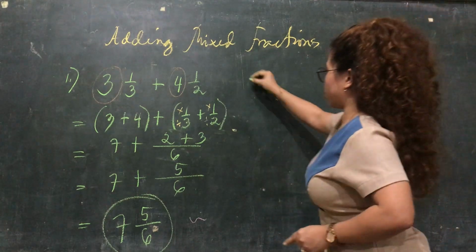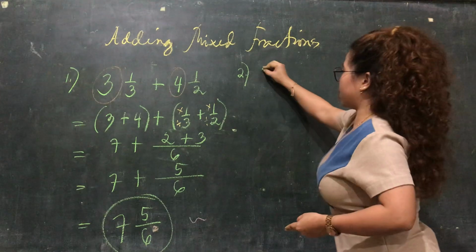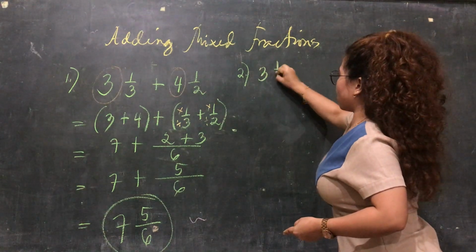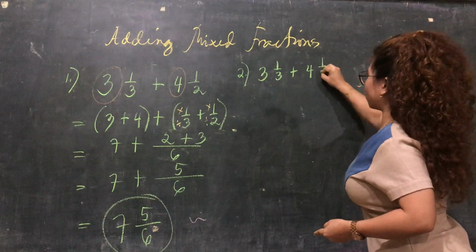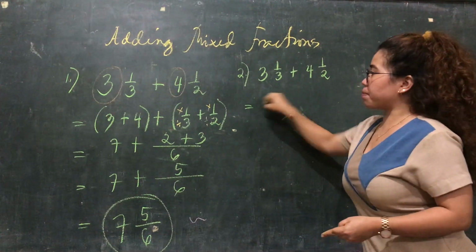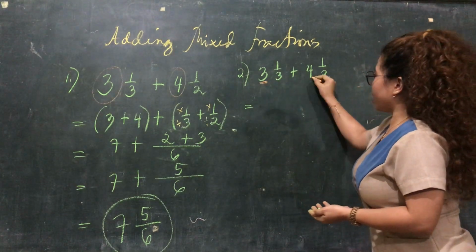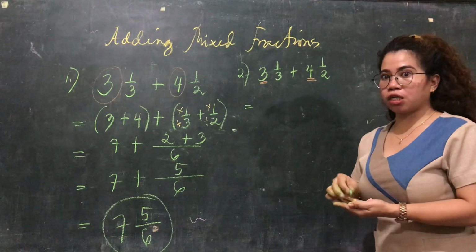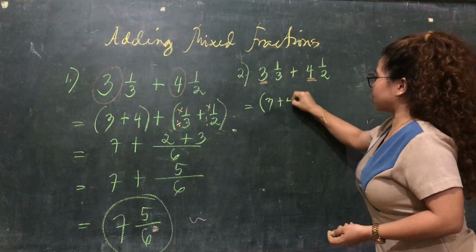Another solution is, same gihapon nga fraction, pero another nga way. 3 and 1/3 plus 4 and 1/2. So, ganyan. Grupo gihapon nato ang mga whole numbers. You have whole numbers 3 and 4. Pwede ra diretso 7, pero ipakita lang nako, 3 plus 4.